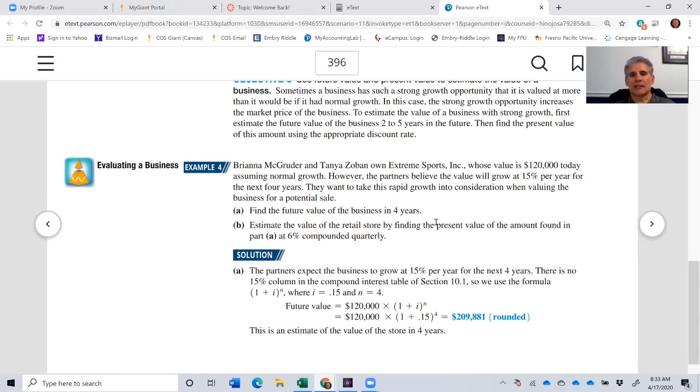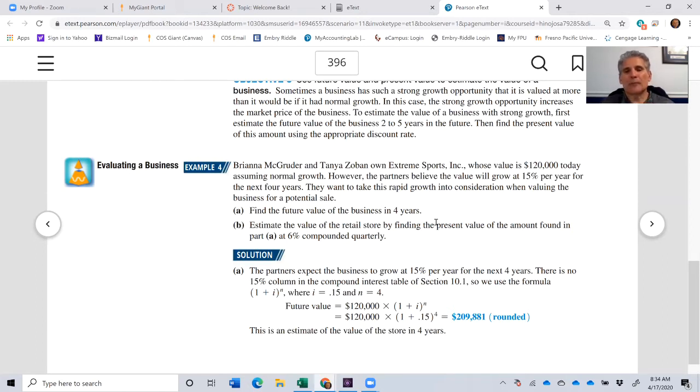So under the example here, they believe that the value is really $120,000 under normal circumstances. But what they're trying to factor in is that there's some things changing in the environment that we think the company is actually going to grow faster than that. It's going to grow at 15% per year for the next 4 years. They want to take this rapid growth into consideration when valuing the business for a potential sale.